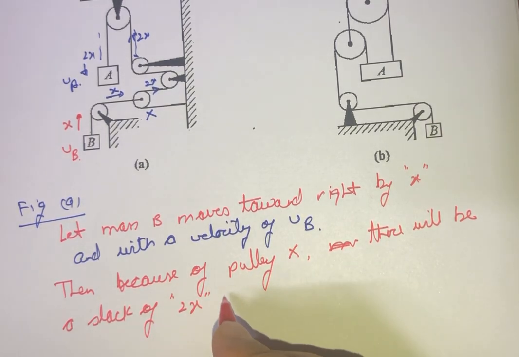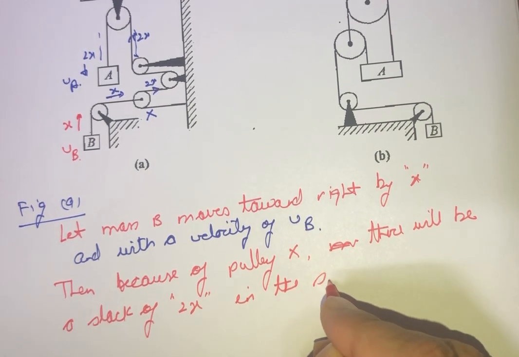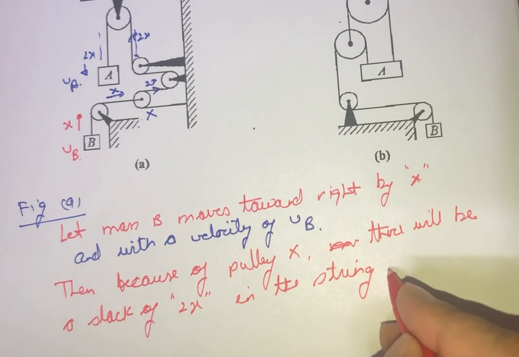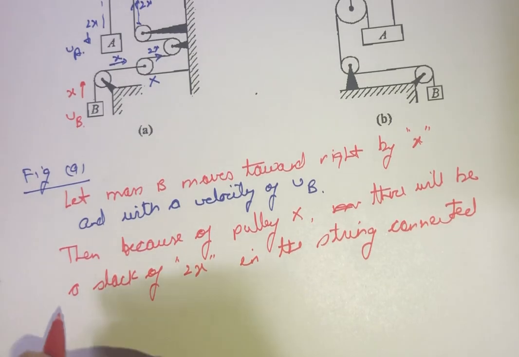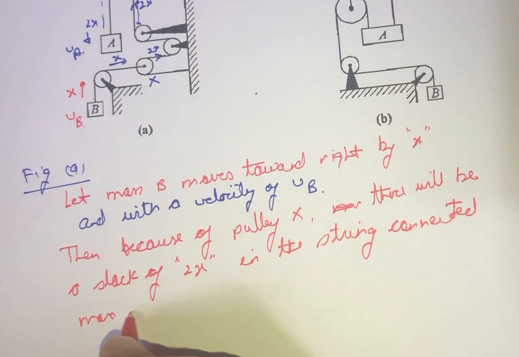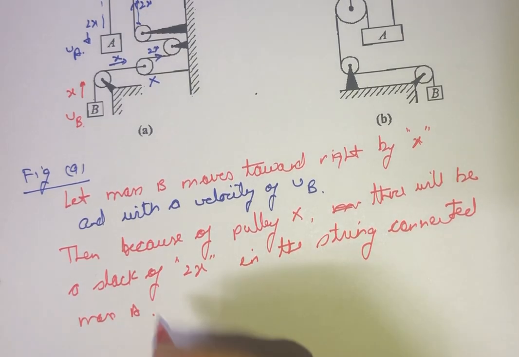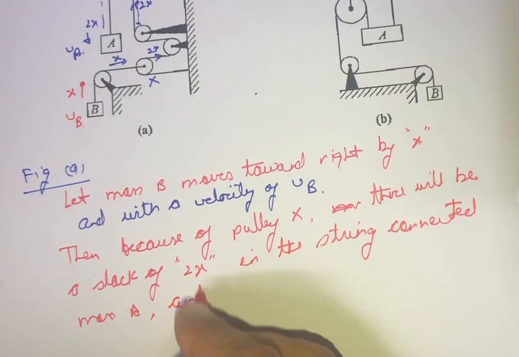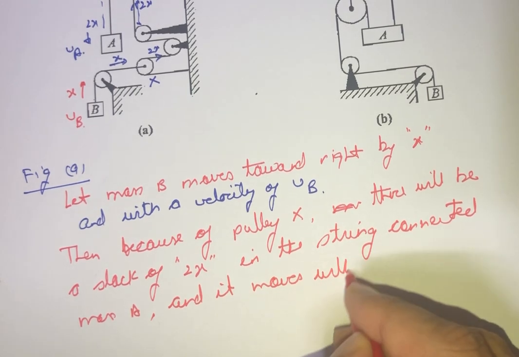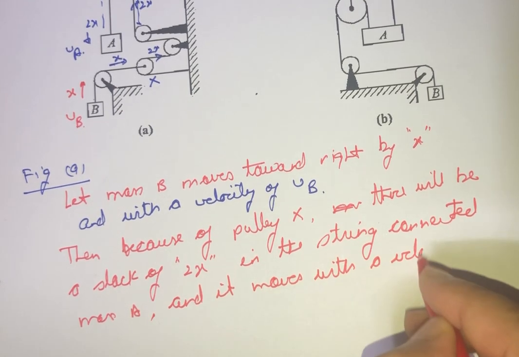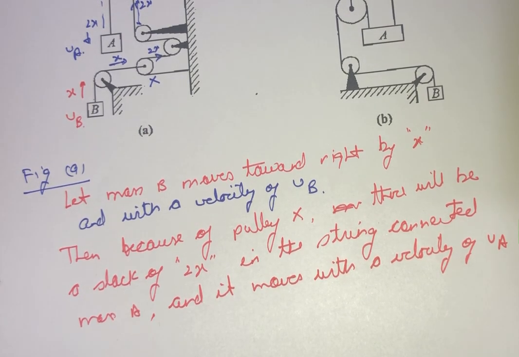There will be slack of 2x in the string connected to mass A. And it moves with a velocity of VA.